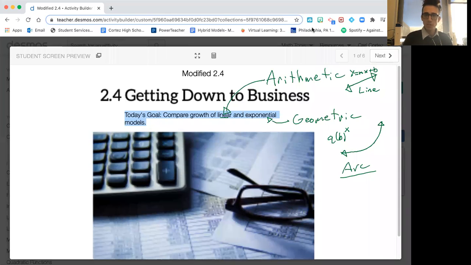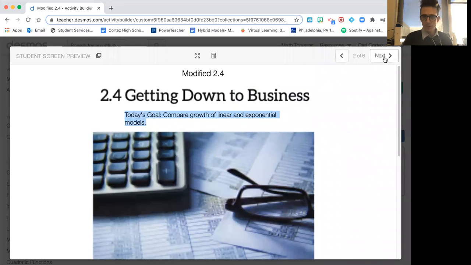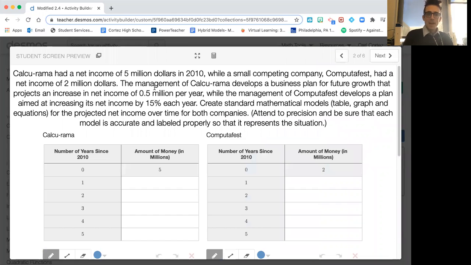All right, sound good? You ready for this? Calcurama had a net income of $5 million in 2010, while a small competing company, ComputerFest, had a net income of $2 million.